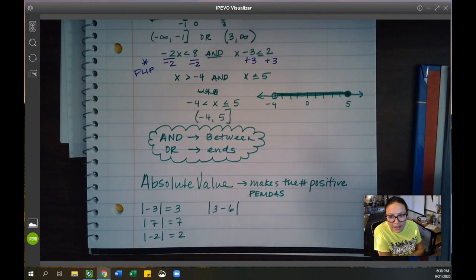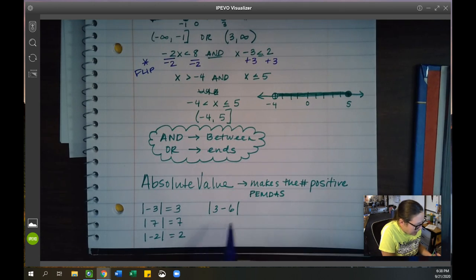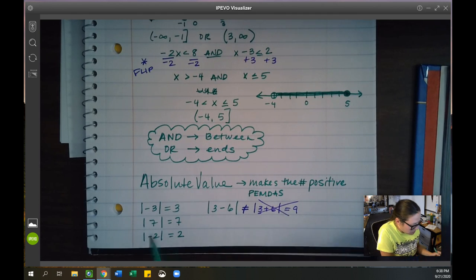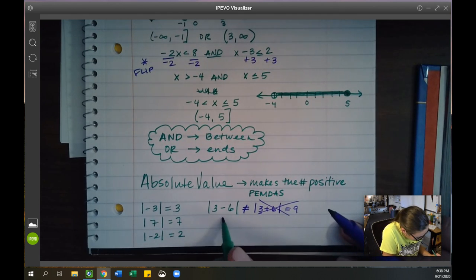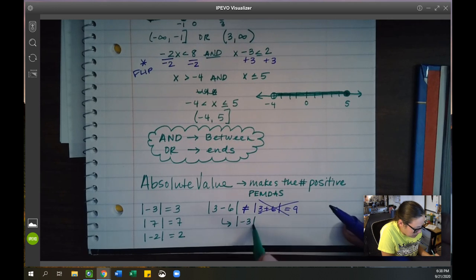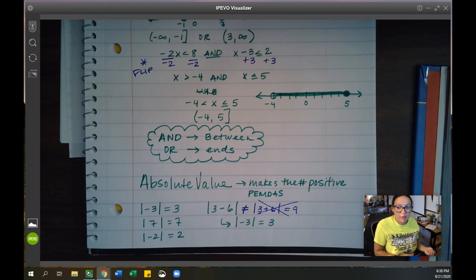We're going to simplify as much as we can inside the absolute value first. So this is not 3 plus 6, which is 9. What we do is simplify. What is 3 minus 6? It's negative 3. Then it becomes 3 because the absolute value makes that final number positive.